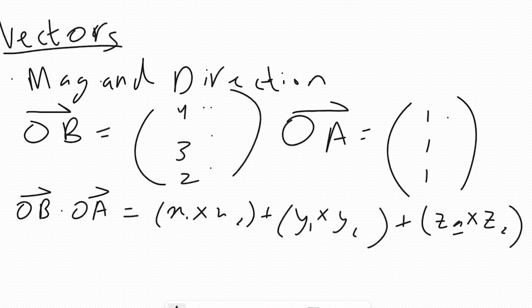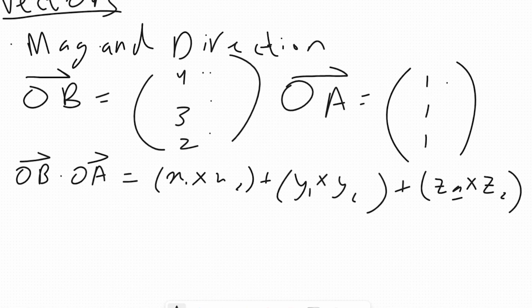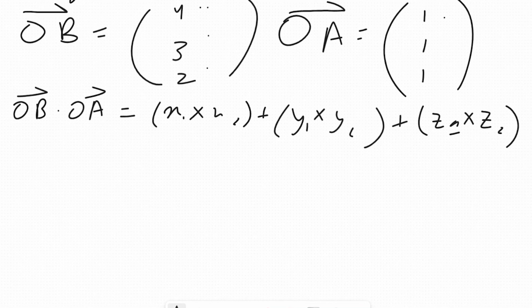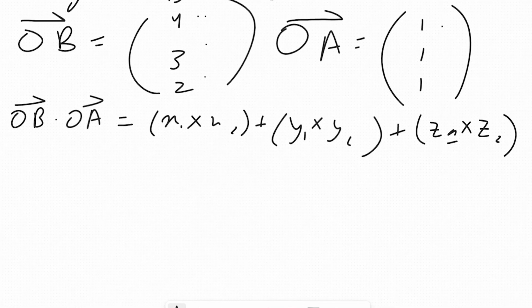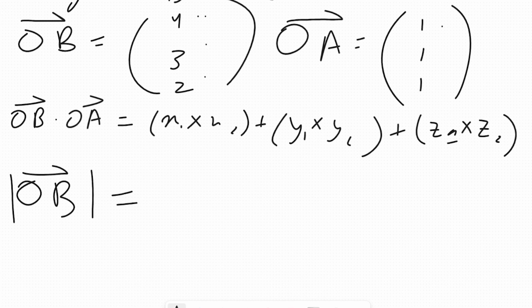Now let's see the magnitudes. The magnitude also has a formula. First, let's calculate the magnitude of OB. Magnitude is written like this with the modulus sign, because magnitude is always positive. A length can never be negative, right? So it is the square root of 4 square plus 3 square plus 2 square.